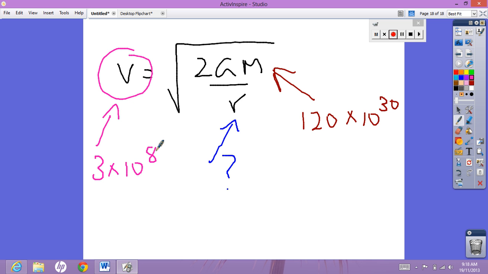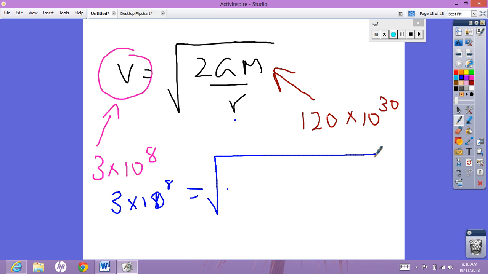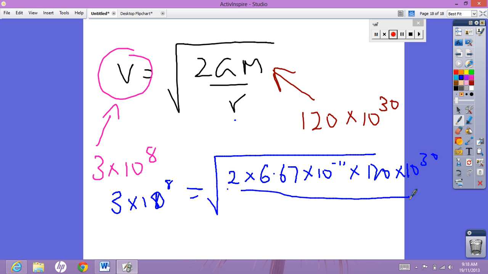So popping in the values, rubbing a few things out so I can have some space, we'll get 3 by 10 to the 8th equals the square root of 2 by 6.67 by 10 to the minus 11 times 120 times 10 to the power of 30 all over R. And R is what we need to solve for.